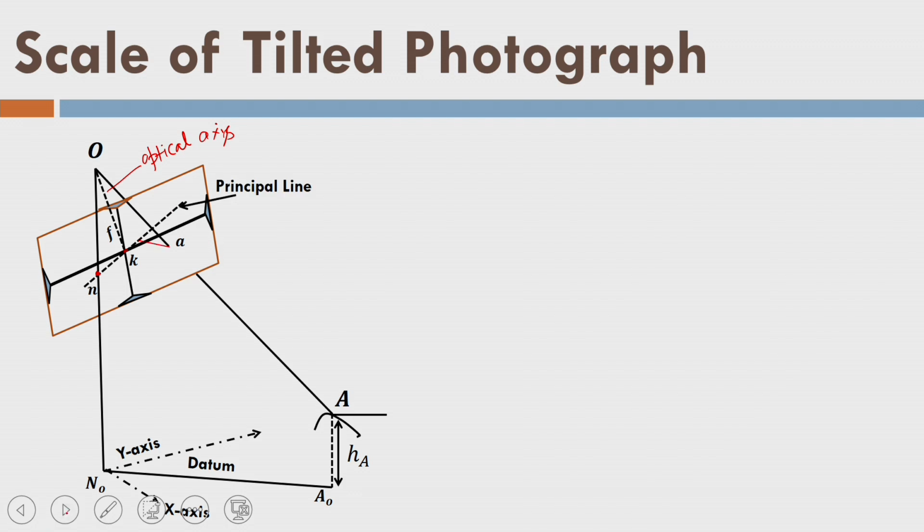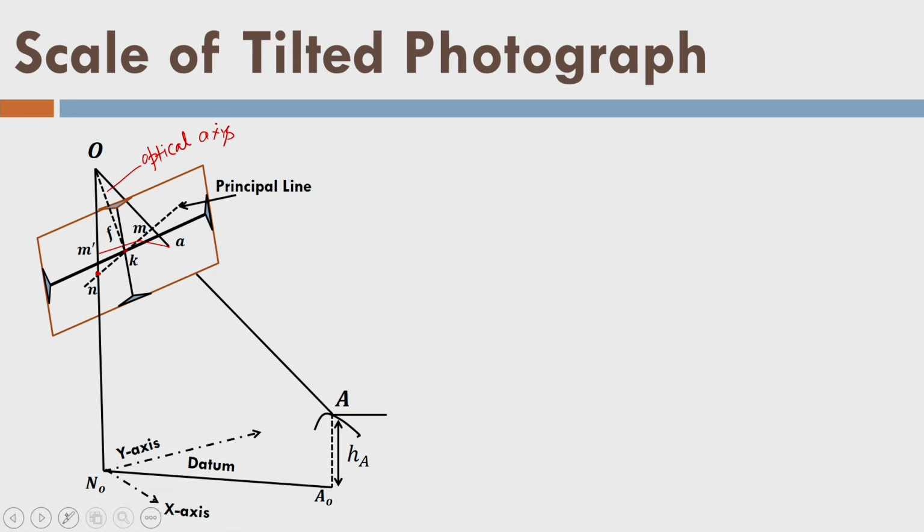If I take point A and draw the perpendicular to the principal line, I will get my point M, and similarly if I draw the line from point M to the vertical line or the gravity line, I will get M dash.